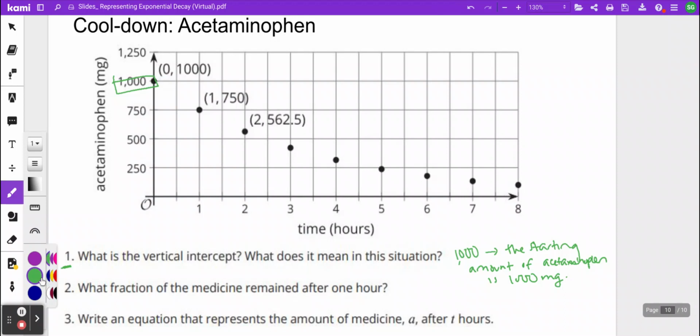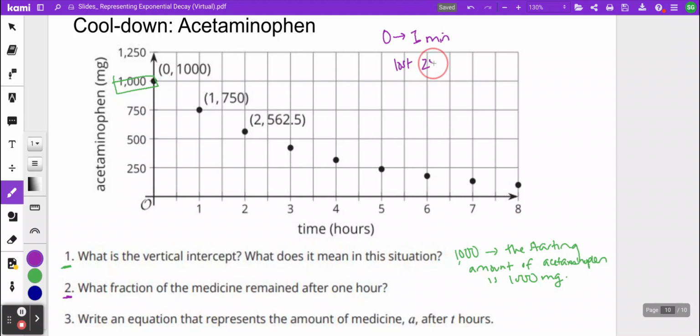For that second question, we've got what fraction of the medication remained after 1 hour? This is where we get to set up that fraction. I'm going to put my work up here. So from minute 0 to minute 1, how much was lost? Well, we went from 1,000 micrograms to 750.